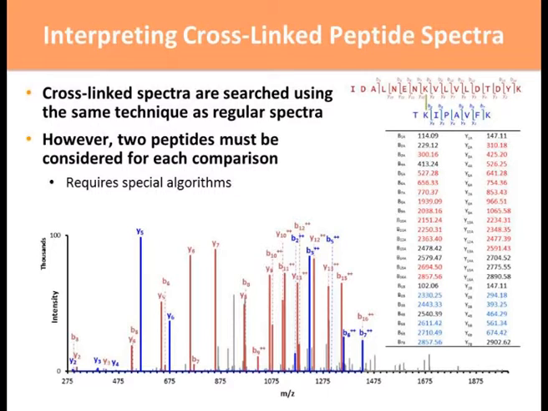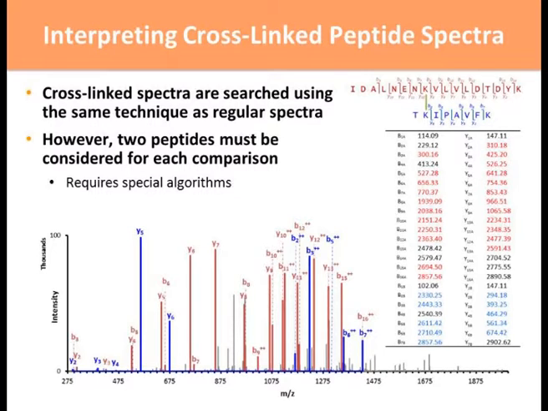As I step along here, the Y ions are computed as normal, and then past this point, the Y ions are now the mass of all the amino acids plus the entire other peptide that's linked to it. And the same process must be done for the other peptide as well, shown with blue masses here, that the Y ions all have their typical masses as computed as the sum of each amino acid until you get to the linked lysine, and now the mass includes the entire other peptide attached to it.